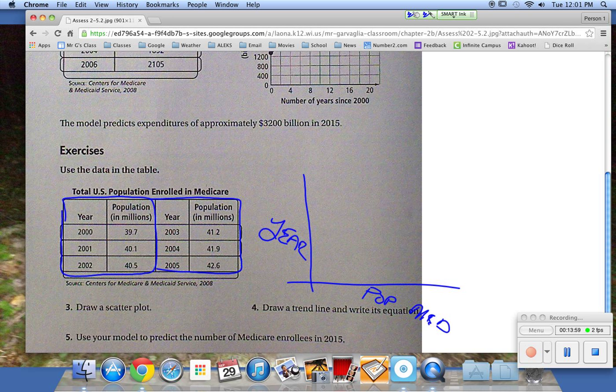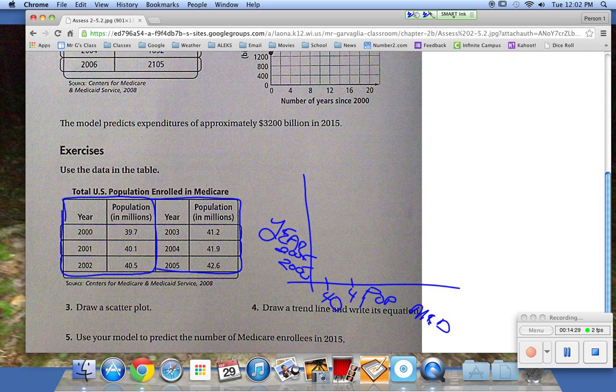Now, if you noticed on this graph up here, notice they didn't go by ones. When you go up this way, you may go 2000, then 2001. But this way, you may start out at, oh, look at where your graph's at. 39.7 is the lowest. I may start this at 40, right? And then go out to here, well, they're only going up small increments.